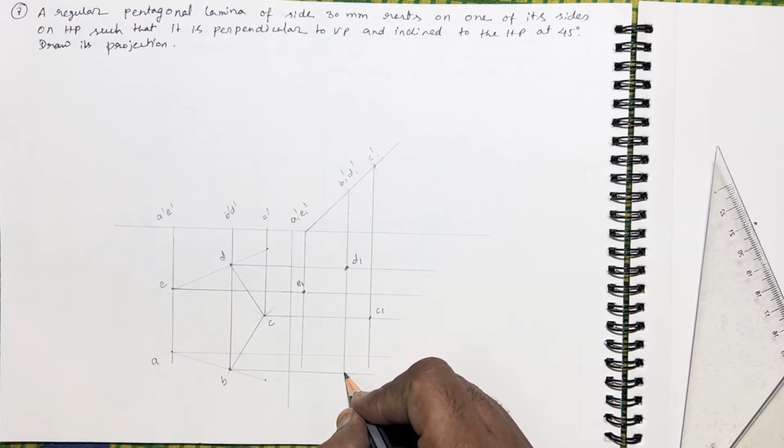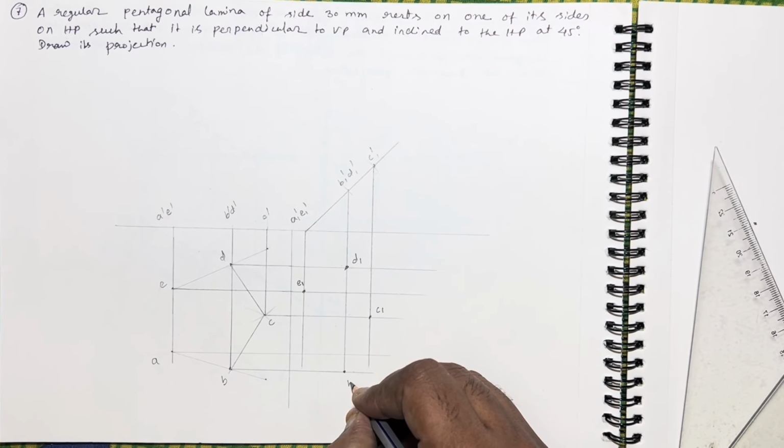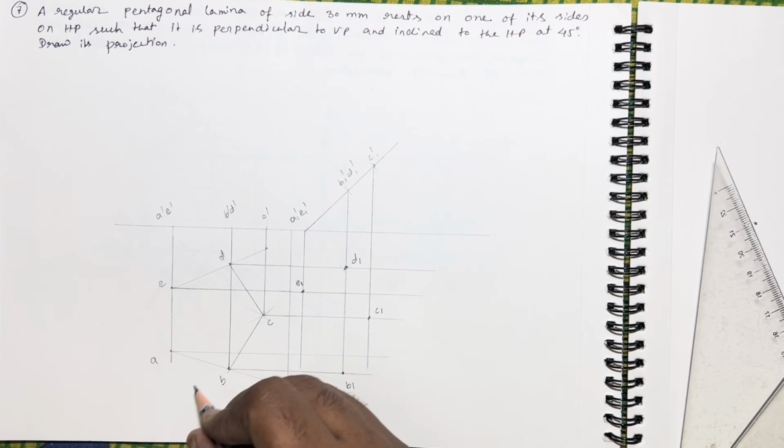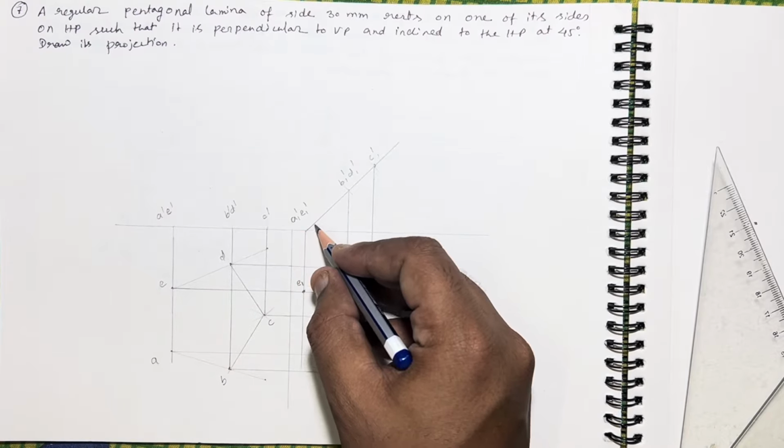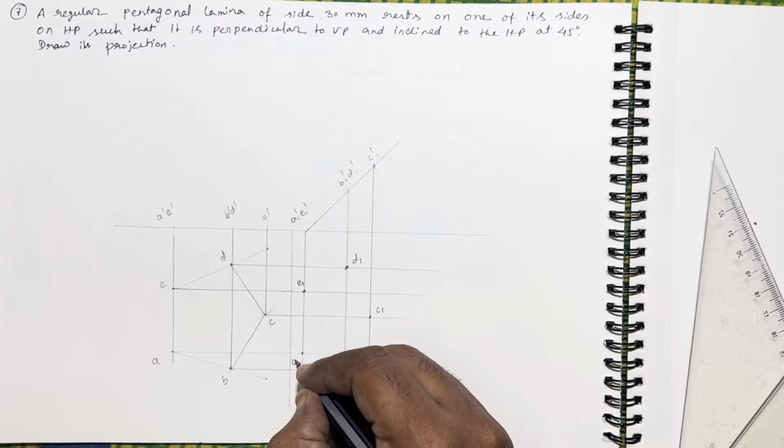Like this is B and this is also B. So this is your B1. This is A and this is also A. This point is A. So this is your A1.